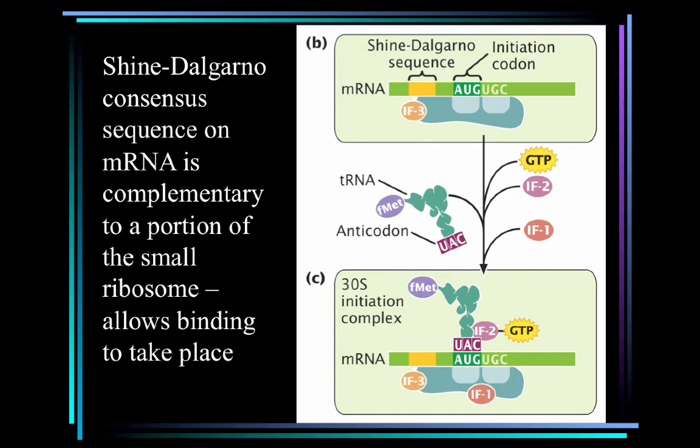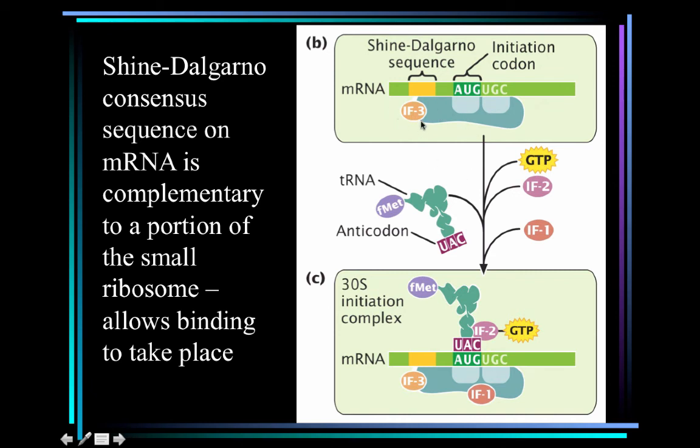So the Shine-Dalgarno sequence is going to be upstream of that initiating methionine. So if you keep in mind, the code AUG always codes for methionine, and the Shine-Dalgarno sequence is going to be upstream from that initiating methionine.